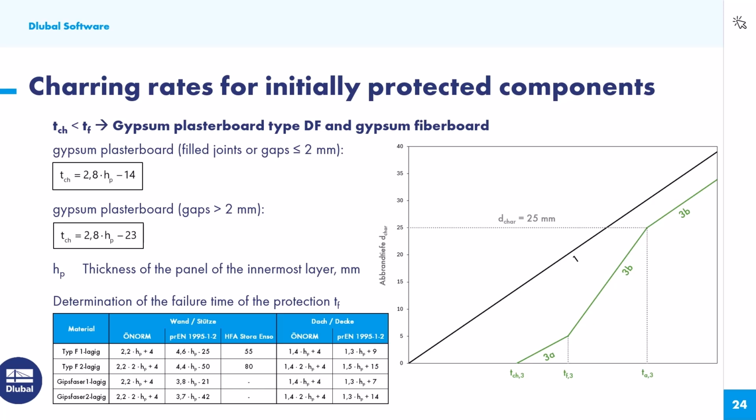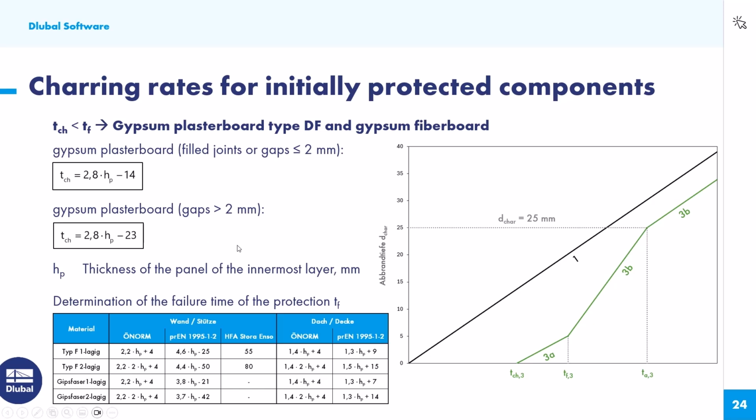Of course, this will not help us engineers. So in this case, we have to look in other approvals or in other codes. For example, the ÖNorm from Austria, they provide values for type F. Yeah. So in this case, for one layer, it's 2.2 times, for example, 12.5 millimeters plus 4 equals 31.5 minutes.